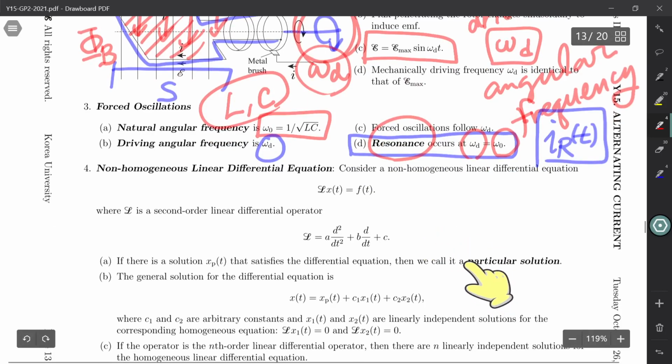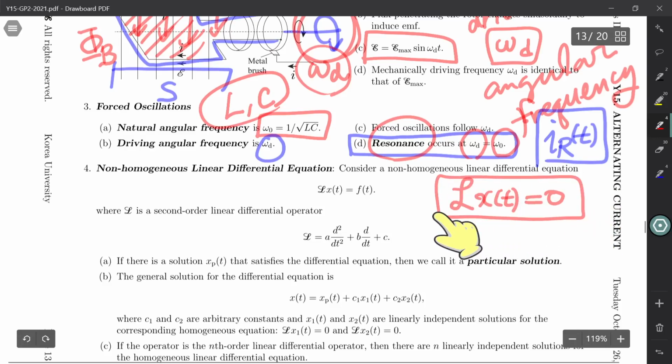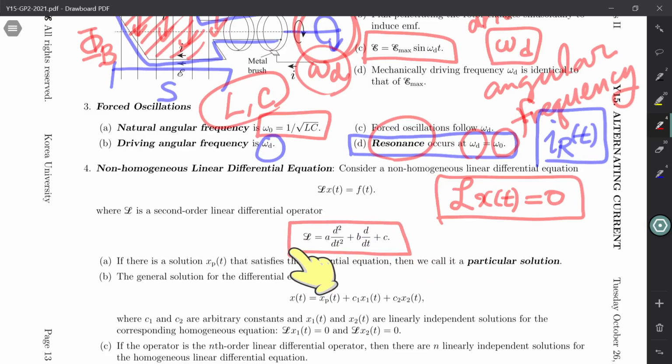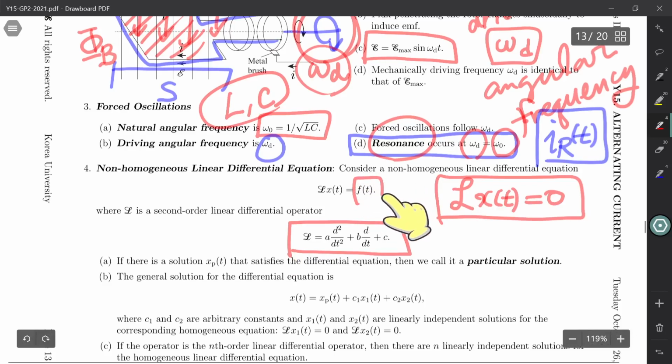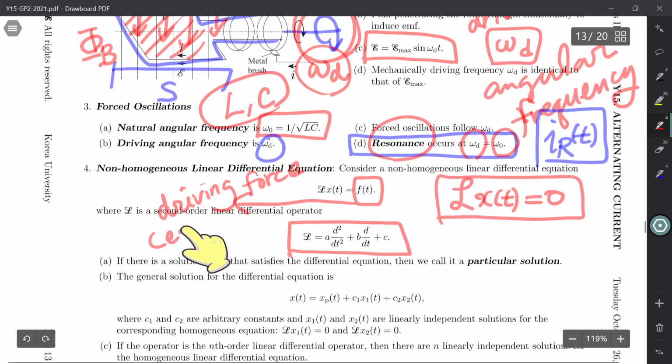Without driving force, damped harmonic oscillator is a kind of linear differential equation where L is the second order linear differential operator. When the driving force is applied, we have non-vanishing value on the right side that depends on the driving force, or driving EMF in the circuit.